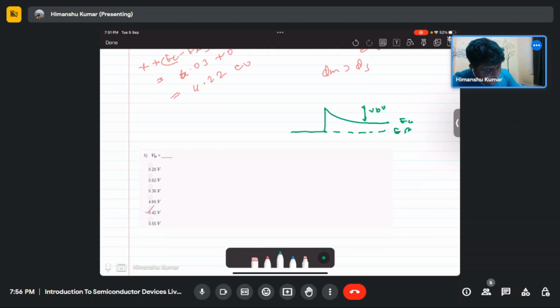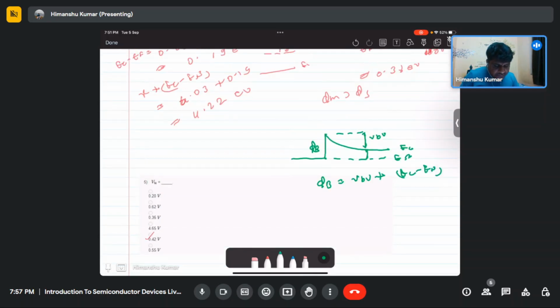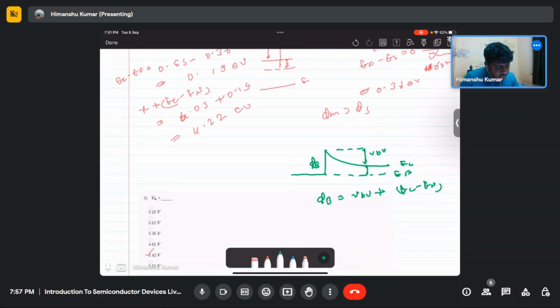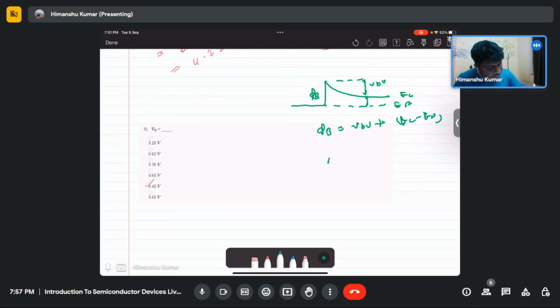We know this is phi b, so VBI plus Ec minus Ef equals phi b. So VBI equals phi b minus (Ec minus Ef).